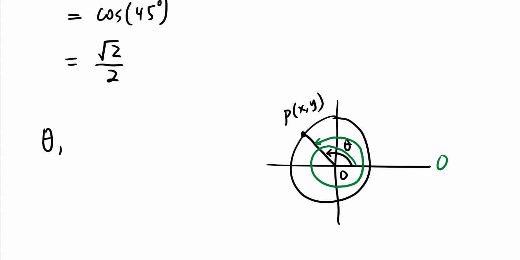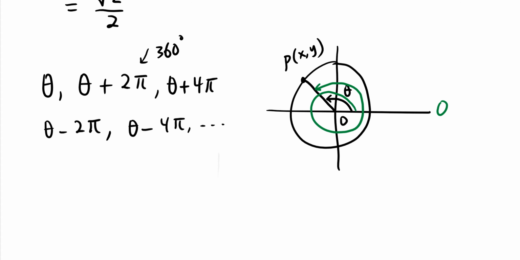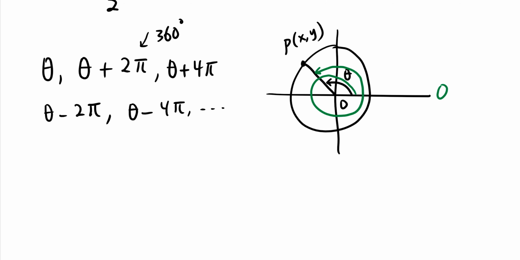This means I traveled not just theta, but I added another 360, and 360 is the same as 2 pi. So keep that in mind, 2 pi radians. What about if I do it again? I'm going to travel 4 pi, or negative 2 pi if you go the opposite direction, or theta minus 4 pi. And this can go on and on. So the terminal side will be the same for all of them. They all terminate at the same point B.